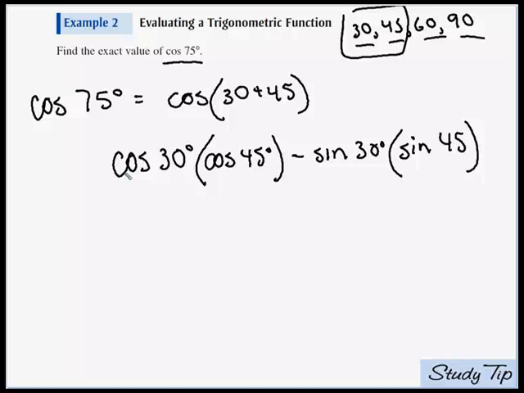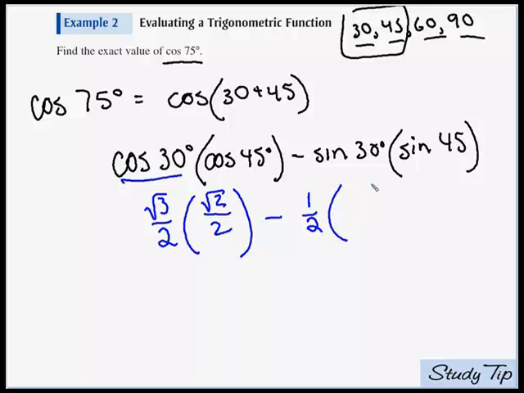And now each of these individual pieces are values that we can find on the unit circle. The cos of 30 is root 3 over 2. And we're going to multiply that by the cos of 45, which is root 2 over 2. And then we're going to subtract the sine of 30, which is 1/2, and the sine of 45 is root 2 over 2.